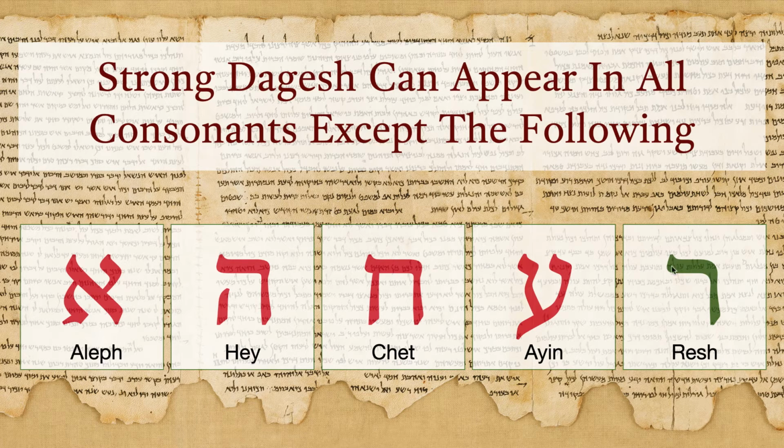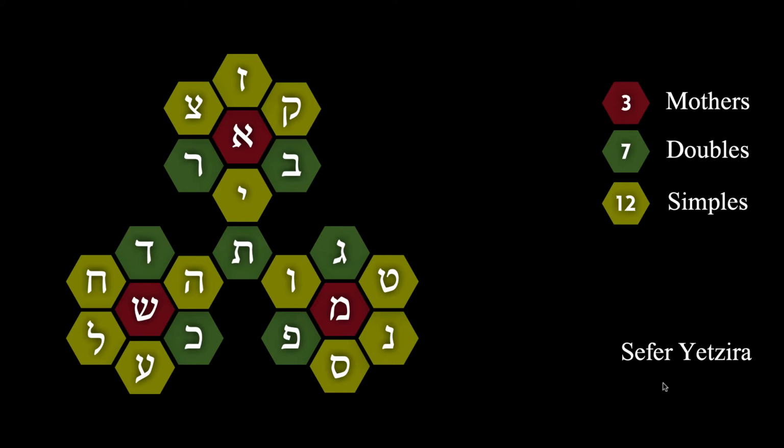But with regards to Resh, I want to make a comment. There is a book called Sefer Yetzirah, which is supposedly a first or second century Jewish book that describes the creation or formation of the world by the use of the letters, like how God used the letters to create the world. In that, the Hebrew alphabet has 22 symbols, not 23.